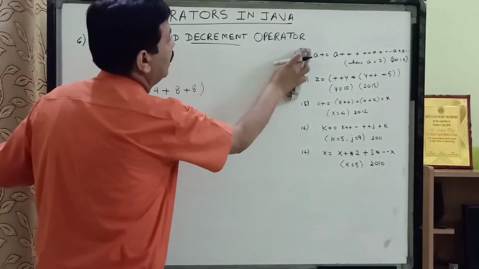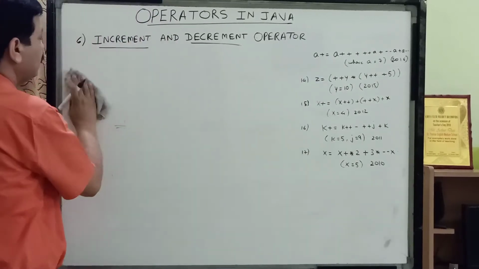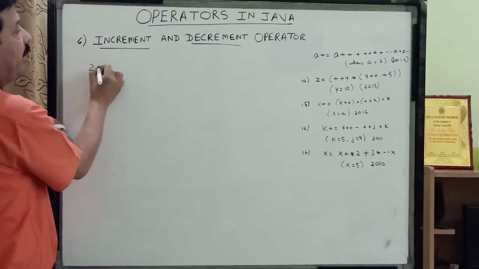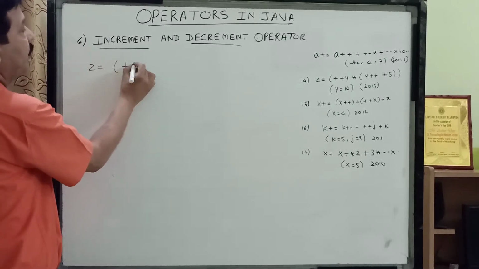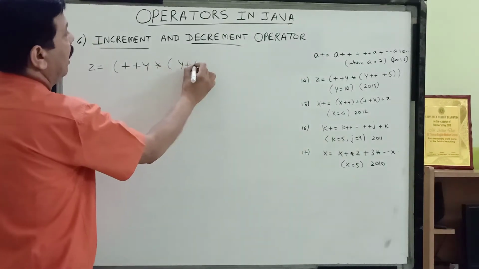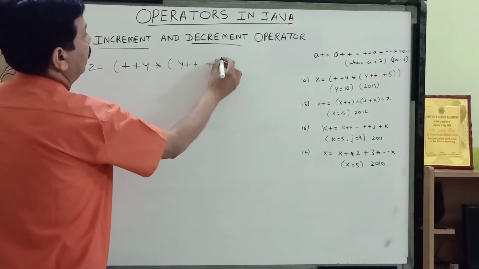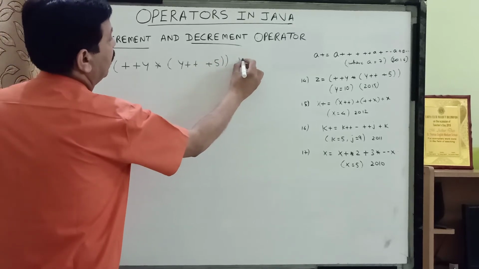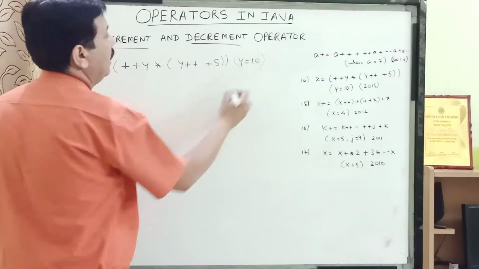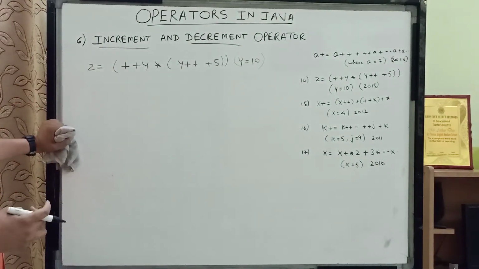Now we'll do the next one, that is the 14th one, which is of 2015. z = ++y * (y++ + 5), and y is equal to 10. This question was asked in 2015.